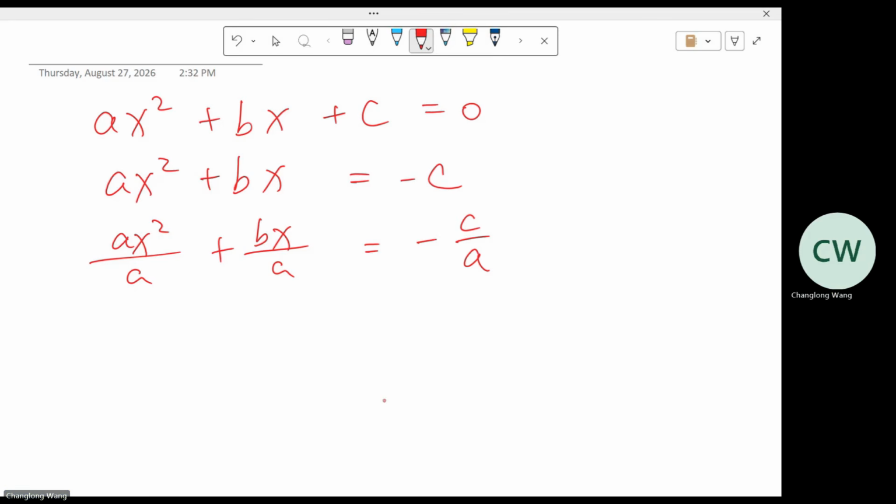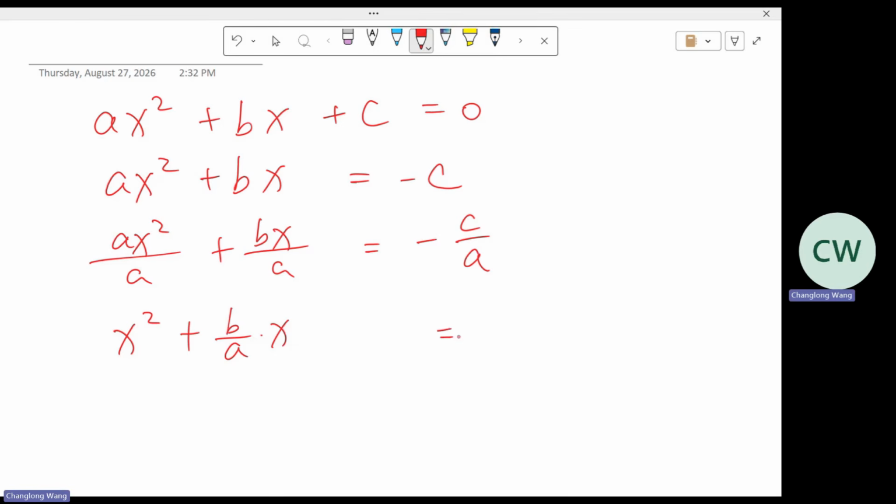Okay. So once you simplify every term, or at least the first term, you're looking at x squared, right? Since a canceled. The second term is okay if I write it as b over a, but putting the x on the side. Is that okay for you guys? Okay. Because some people don't like seeing that b is multiplying with a.